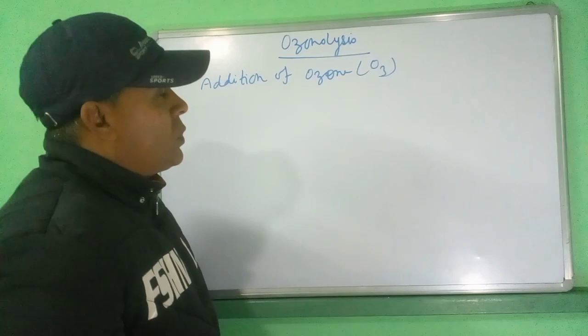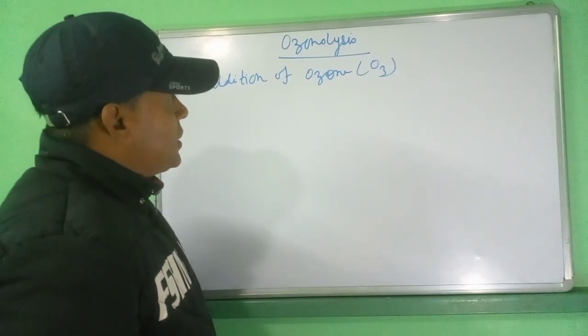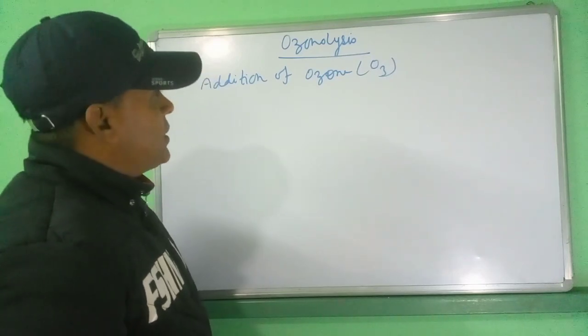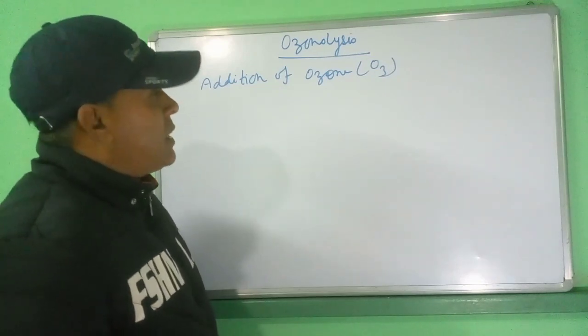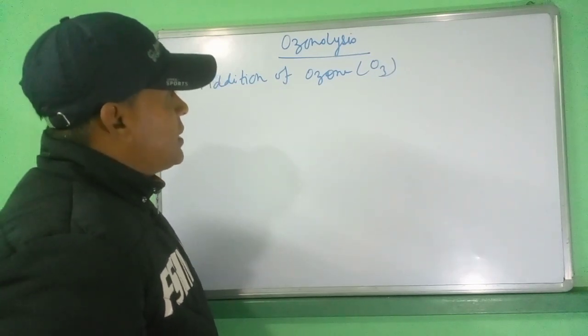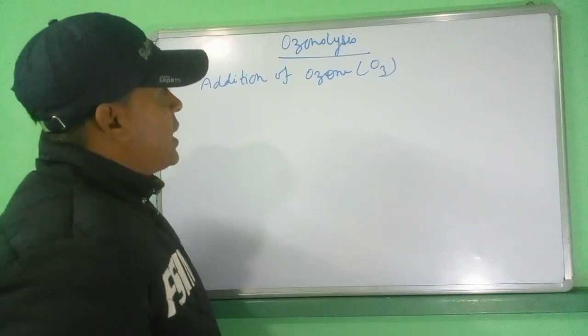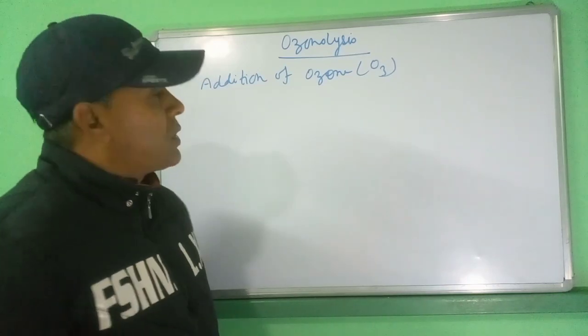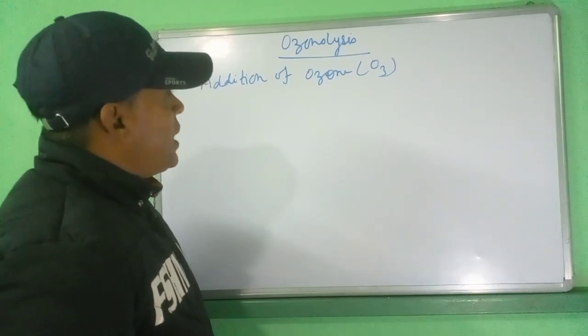The two carbonyl compounds may be aldehydes, ketones, or a mixture of aldehyde and ketone. This way you can define it.